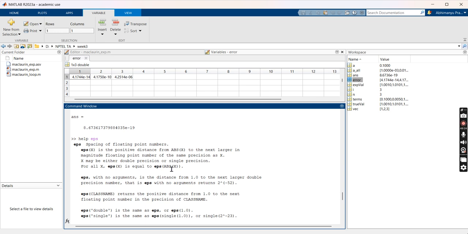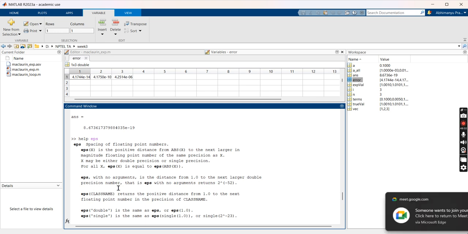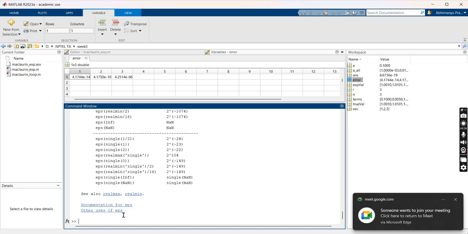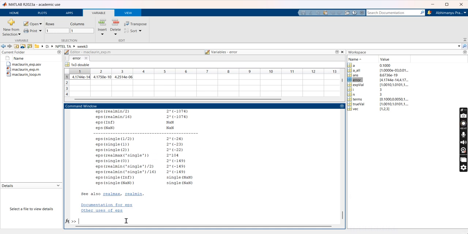X may be either double precision or single precision. EPS with no arguments is the distance from one to the next larger double precision number. That is, EPS with no arguments returns 2 to the power minus 52. So if I type anything, okay, should not give me 0 then. Does it give me?